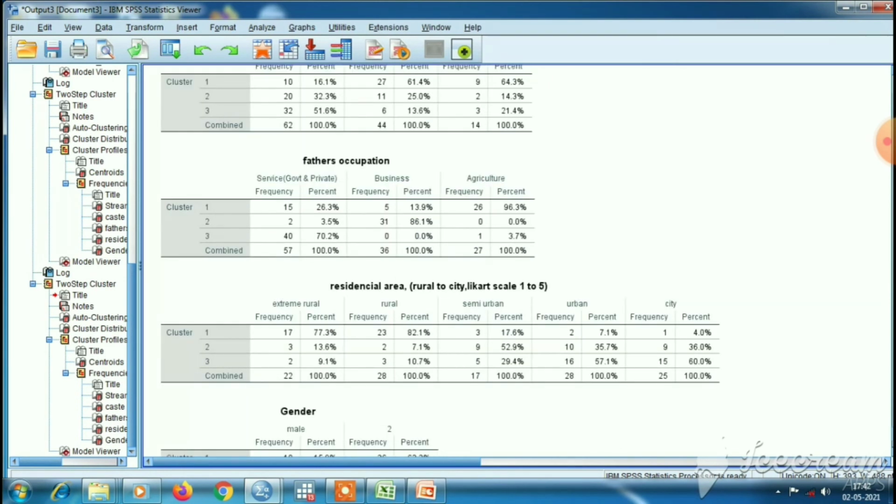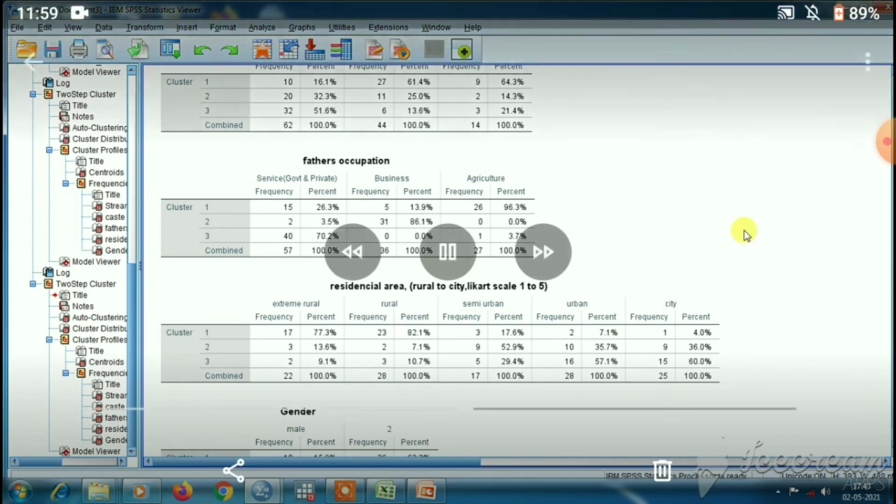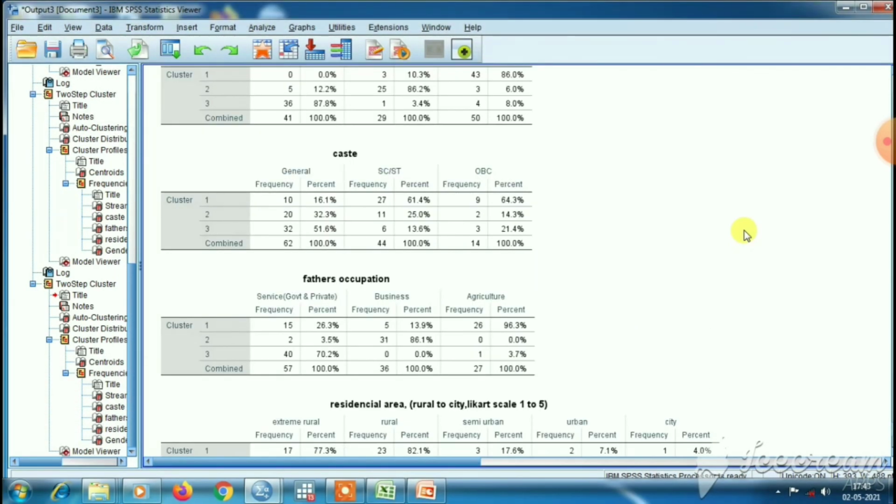So the participants who are opting for the science stream, their fathers' occupations are, for the majority, 70%, in service or the government sector. Similarly, in cluster 3 the majority, 57% are in urban areas, 60% in city. So most of the participants from urban or city areas are opting for science. So in this way we can classify cluster 1.